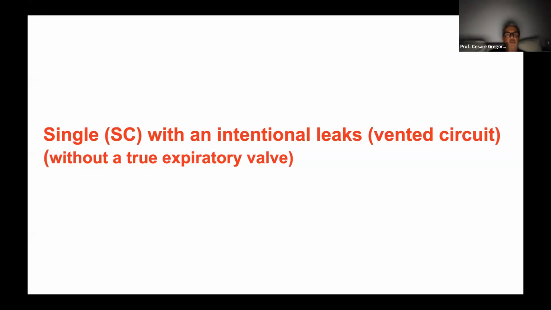Then we move to another issue. Some ventilators are not provided with vented circuits. This, for example, is the case of the LTV, but it's not a criticism, because I have to speak about the world of home care ventilators. Some of them are provided with so-called intentional leaks or vented circuits, so we do not have a true expiratory valve.